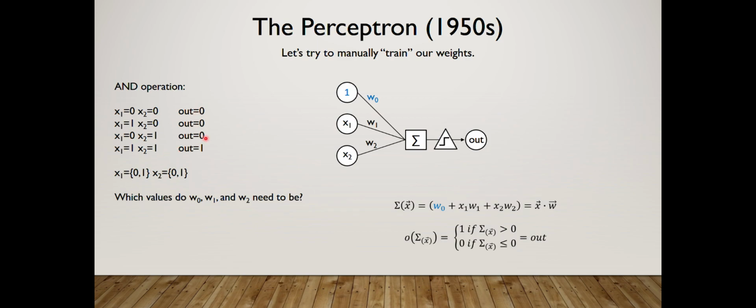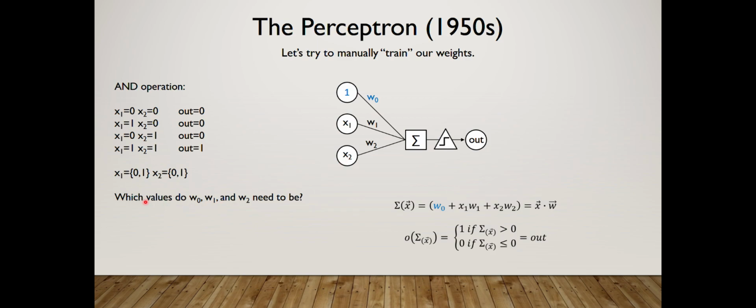And the desired output of the network is always 0, except for the case where both x1 and x2 are 1. Then the perceptron should fire. It should give us a 1. Here I wrote again that the inputs can only be 0 or 1. And this operation is called the AND operation because it only fires when x1 and x2 are 1.